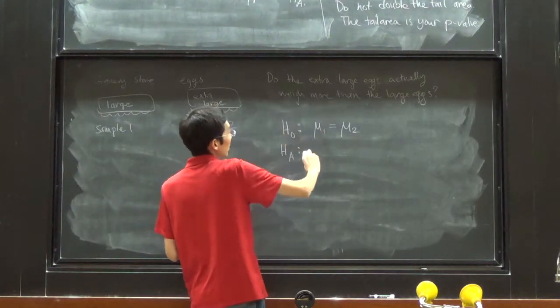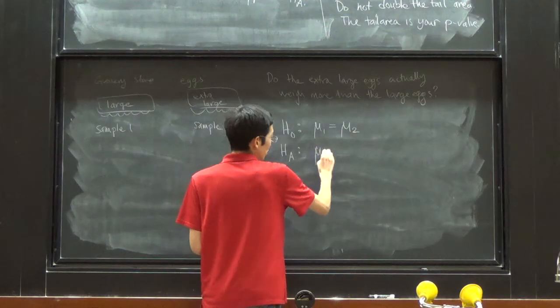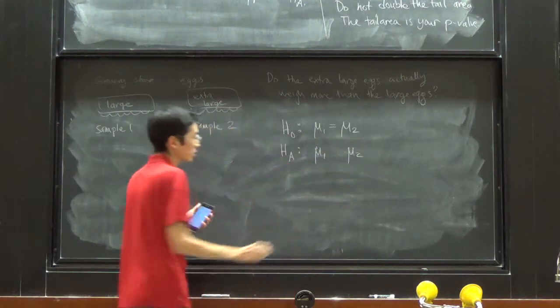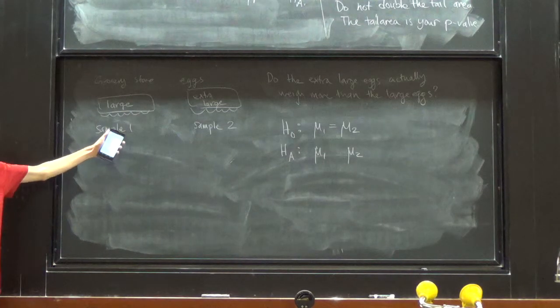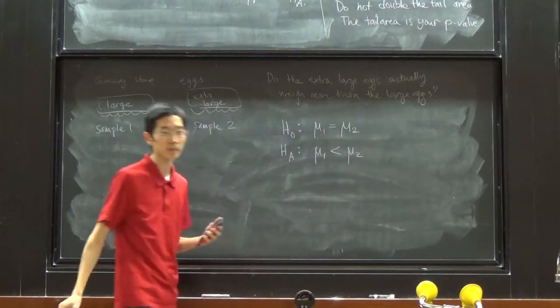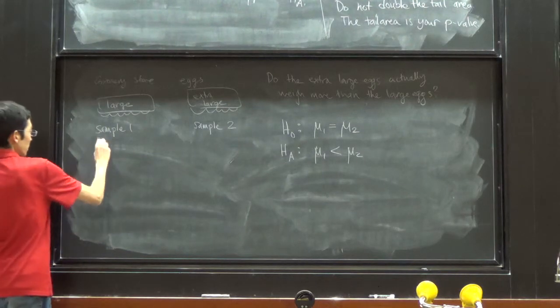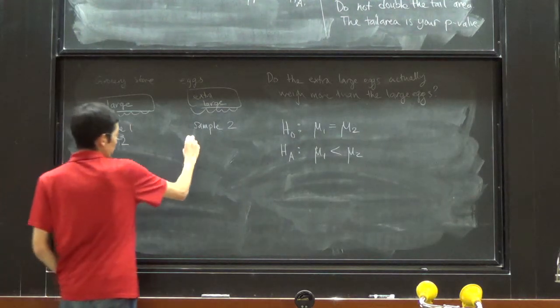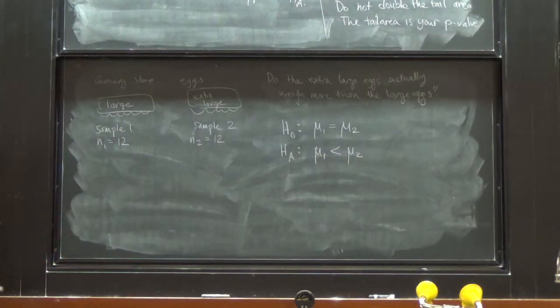We're asking, do the extra large eggs actually weigh more than the large eggs? So we would expect mu1 to be less or greater than mu2. Less, okay, because mu1 corresponds to the large eggs. Okay, so let's say you took a dozen eggs, and we'll assume that these are random samples, okay?